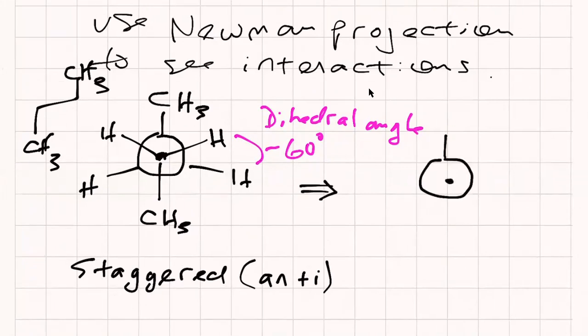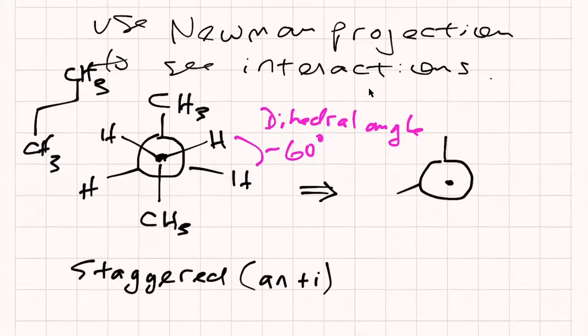I'm going to keep the back carbon how it is, and we'll rotate counterclockwise. So this hydrogen, let me highlight them, this one, this hydrogen, and then the methyl, I'll make a different color.